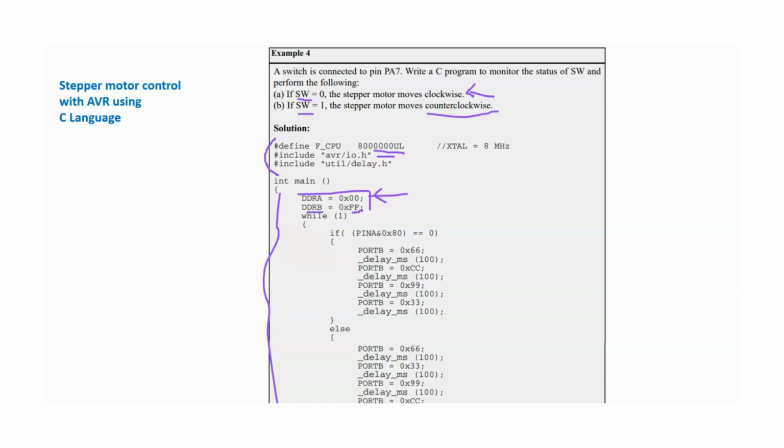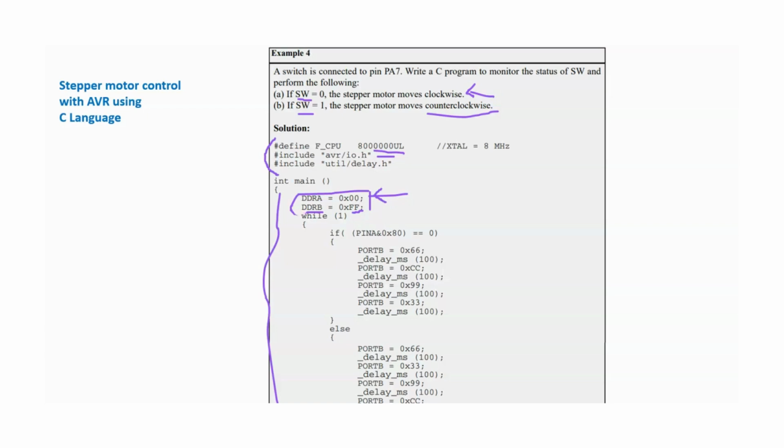So for DDRB, port B is output, and port A is input. There are only two switches actually being used, but we have made all the pins of port A input. After that, the while function is used.